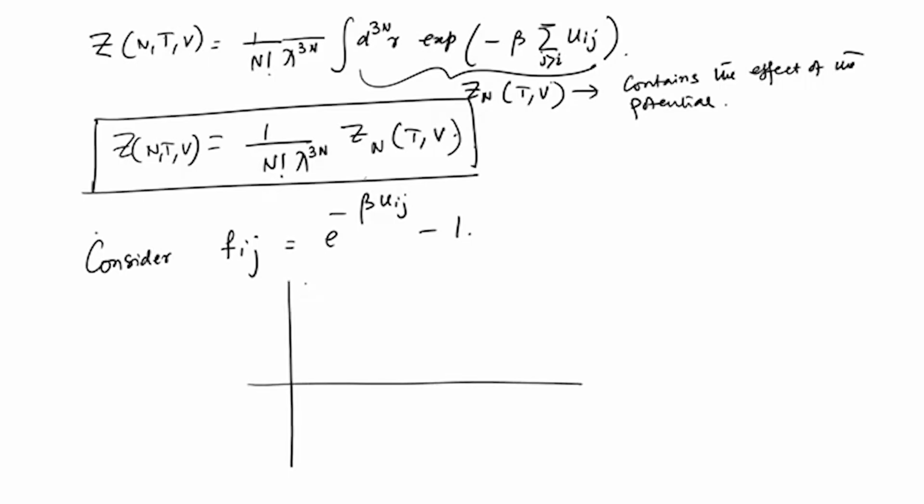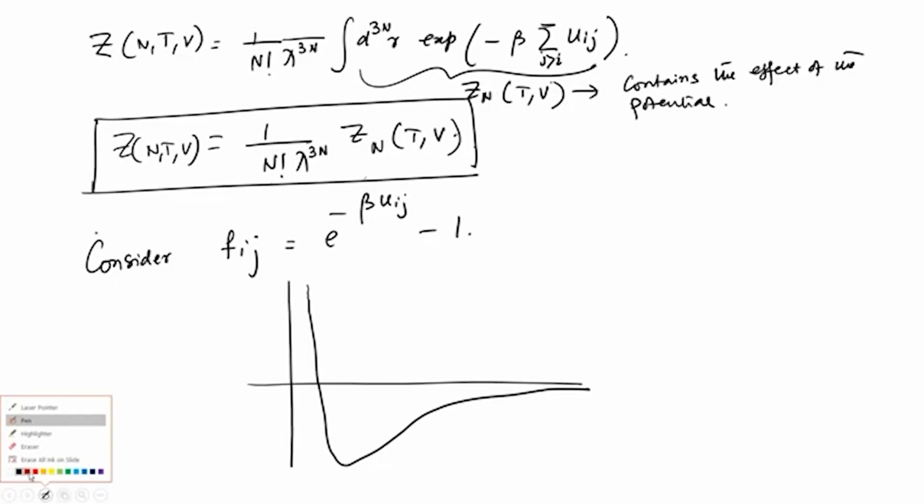So, we have this Lennard-Jones, and so this is your u_ij, which is what we have shown earlier. It is the Lennard-Jones form. We can also plot the other thing, and this one is like this.